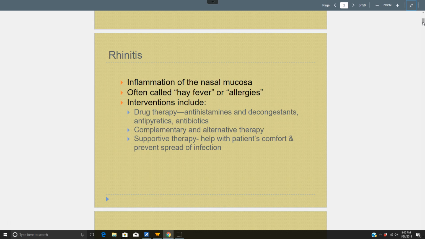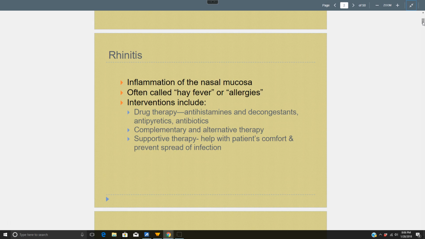Sometimes complementary and alternative therapies might be initiated. And just helping the patient, encourage the patient to be comfortable and to prevent the spread of infection, good hand washing, things like that.